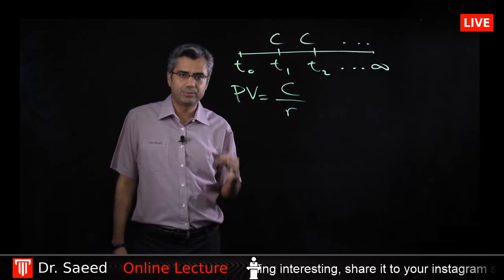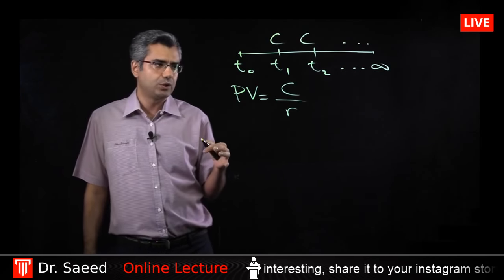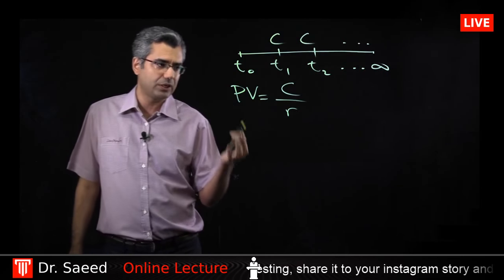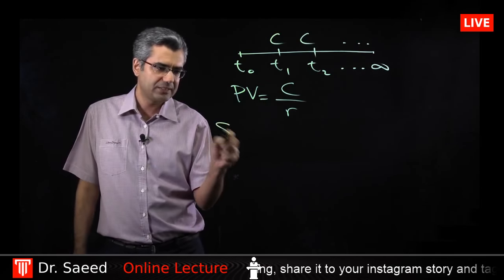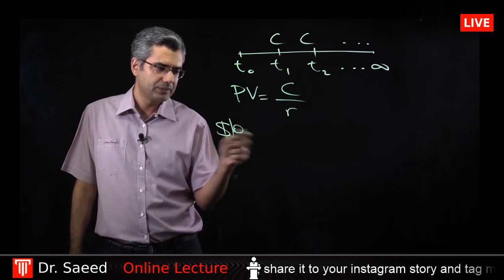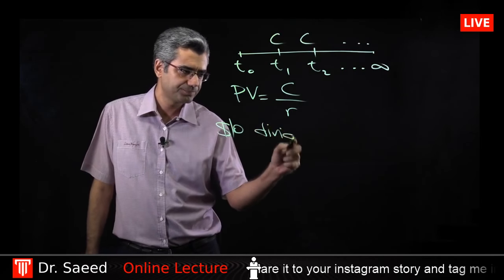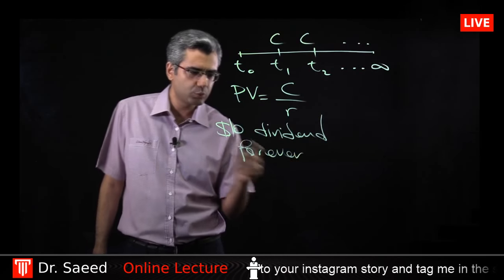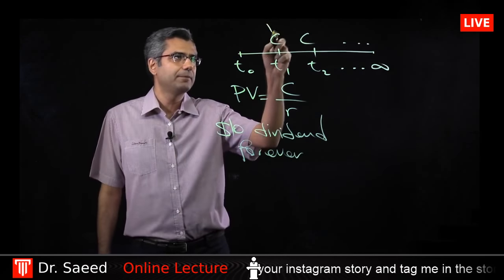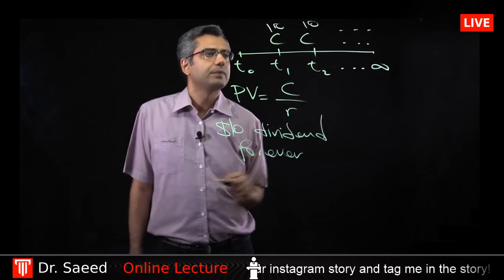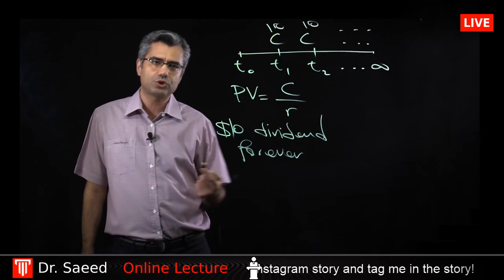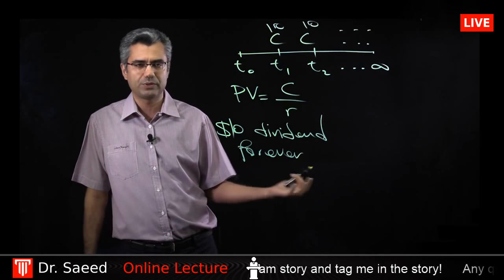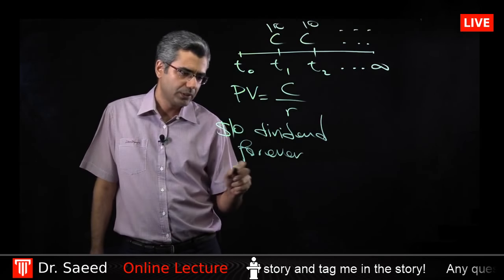The example can be a preferred stock that will pay you the same dividend forever. Suppose there is a preferred stock that pays you, let's say, $10 dividend forever. So you expect to receive these $10 forever, and assume the interest rate, or required rate of return, is 10%. Required rate of return is another term for interest rate.